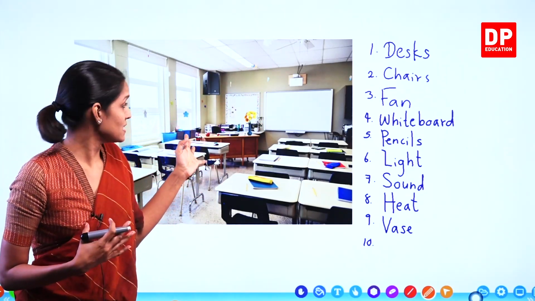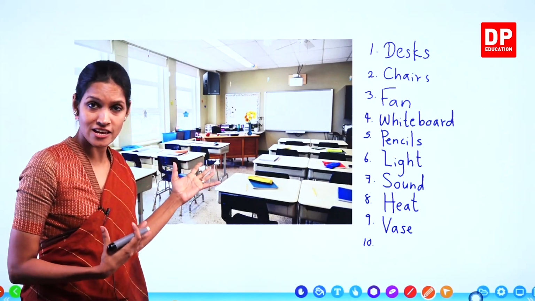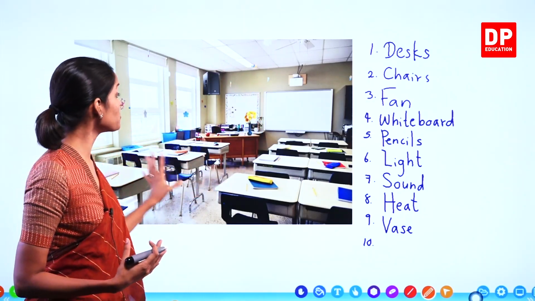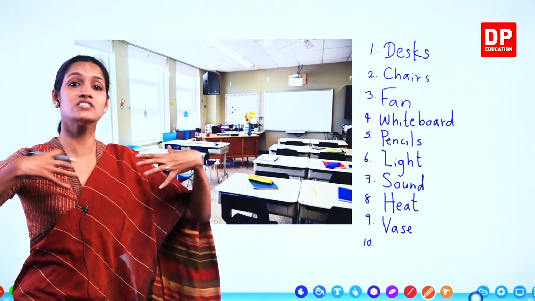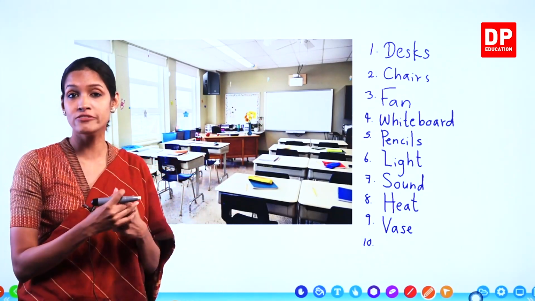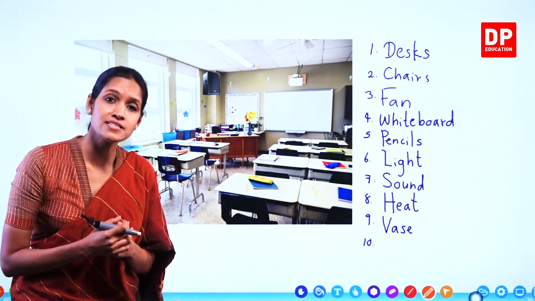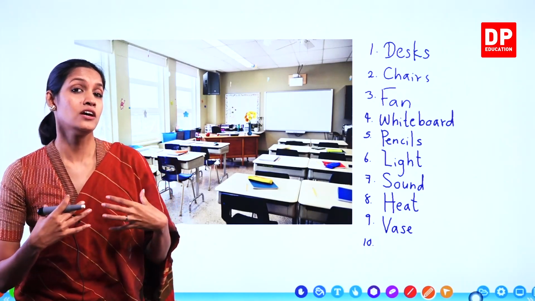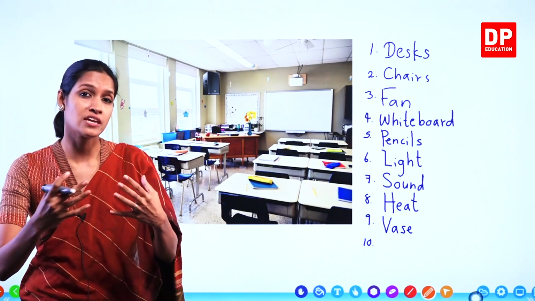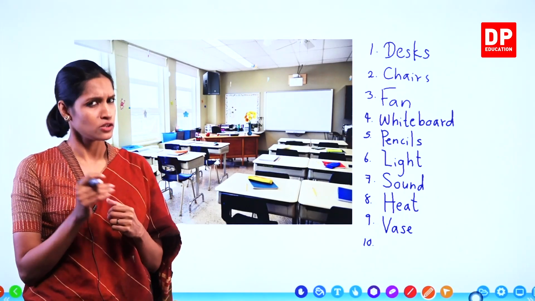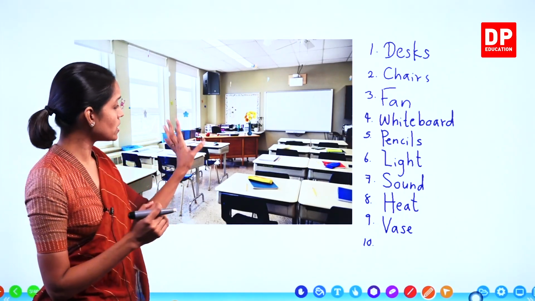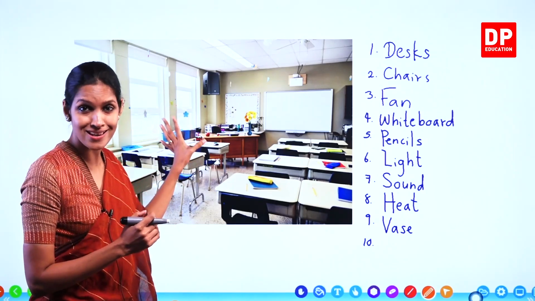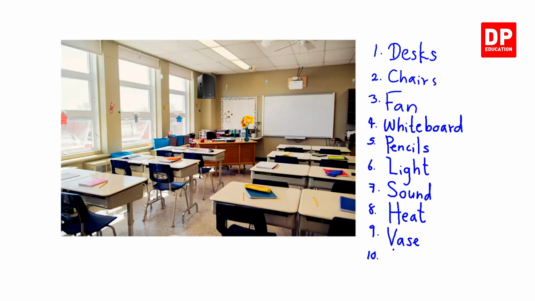Even though you can't see air, this classroom is filled with air. Even our entire surrounding is filled with air. Because of the gases present in this air, we can inhale oxygen, and when plants do photosynthesis, they can take carbon dioxide in. You remember these points, right? So here, even though we can't see, I'm going to write air as well.